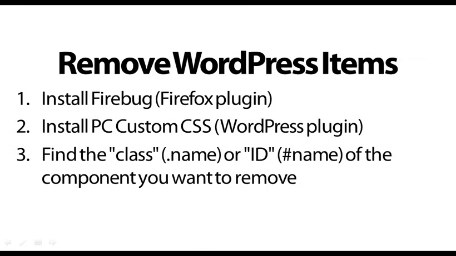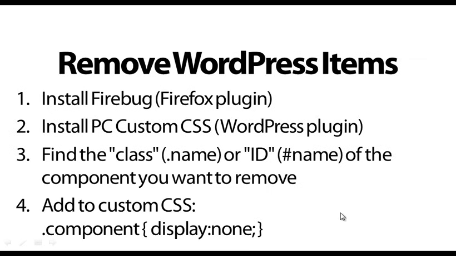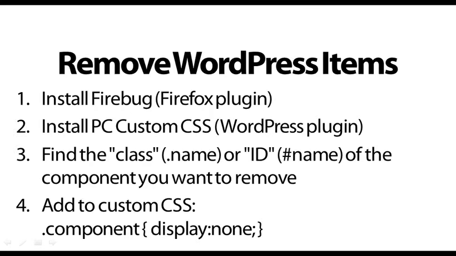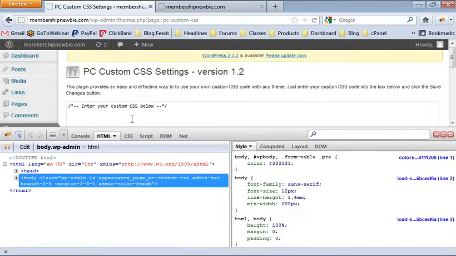Alright, so based on our notes, we said that once we found the thing that we wanted to change, we would put in either hash mark component or dot component, and then curly brackets, display, colon, none, semicolon, curly brackets again. So let's try that out real quick. We're going to go back to the custom CSS.